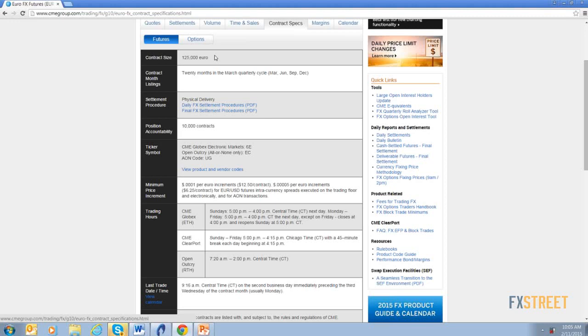If you actually wanted to take delivery on that, if you're a bank and you need that 125,000 euros at a certain point in the future, well, you need to have an account that can cover that, right? But that's not important for us here. The important ones to look at: you've got the four expiration months: March, June, September, December.